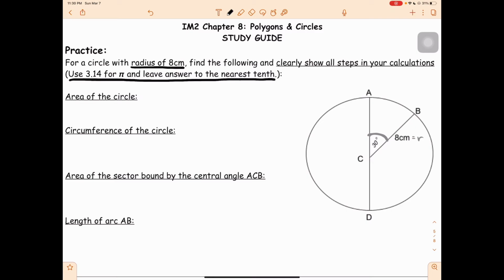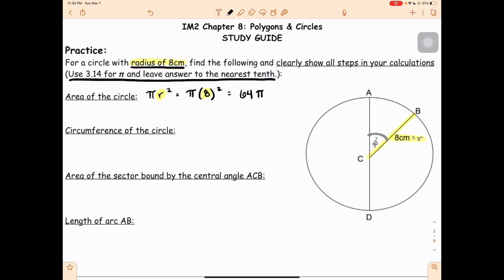So first, let's find the area of the circle. The formula is pi r squared. We know that the radius is 8. I'm going to highlight where the radius is. They told us here, but we also saw it here as well. So this here is the radius, and that's what I'm plugging in here. 8 squared is 64, and we still have the pi.